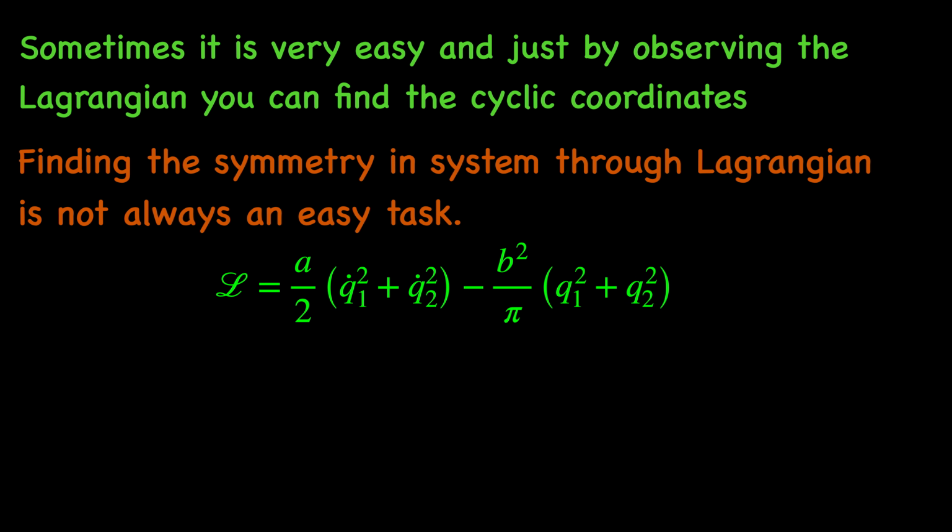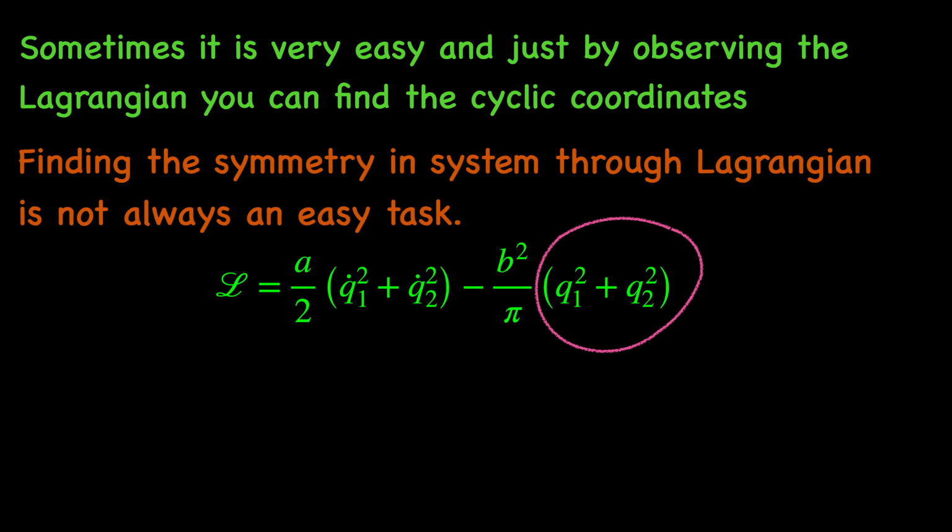So here our Lagrangian contains q1 dot square, q2 dot square, and also q1 square, q2 square. Apparently this does not have any cyclic coordinate, but if you carefully observe the second term, it contains q1 square and q1 square plus q2 square. So this term contains q1 square and q2 square and their summation.